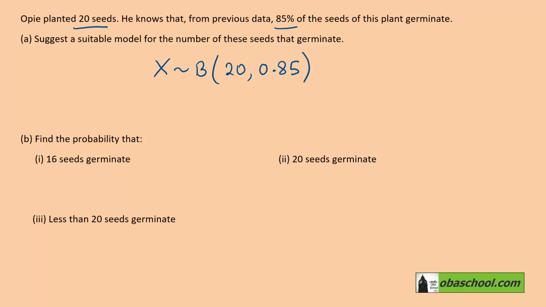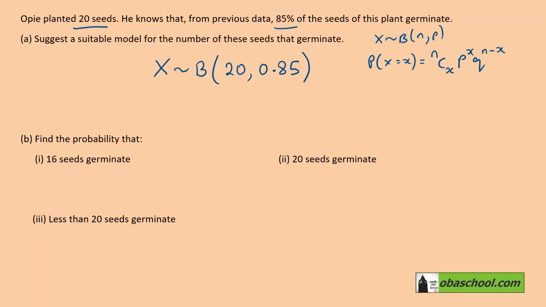Now we know that for a binomial (n, p), the mass function, the probability that X is equal to x, is nCx p^x q^(n-x), where q is 1 take away p.